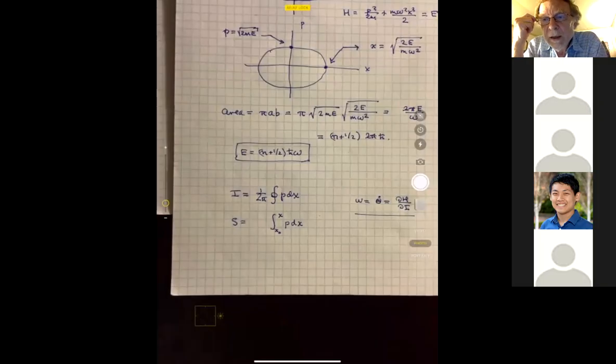The integral of L dt is the integral of p dx minus H dt. Because the definition of the Hamiltonian is pq dot minus L. So if you integrate L dt, it's the same thing as integrating p dq minus H dt.